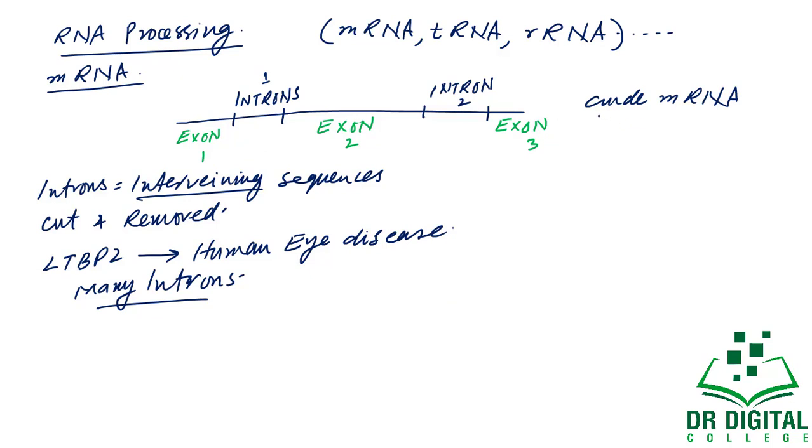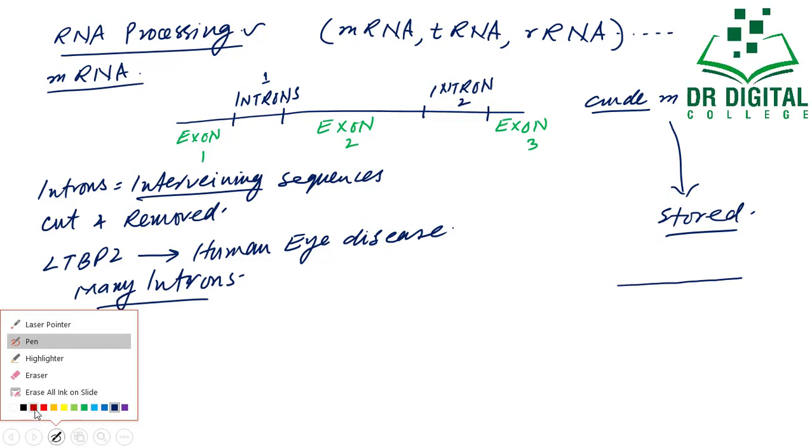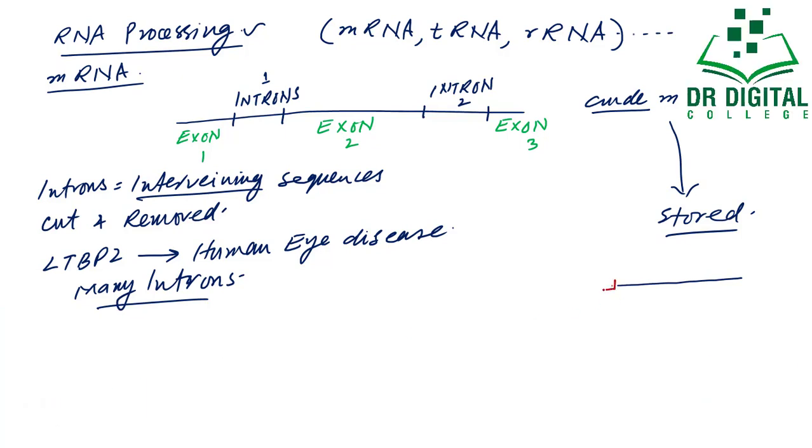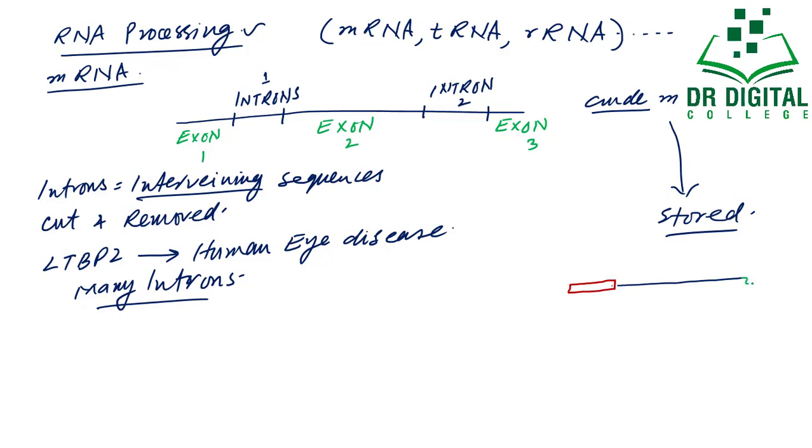Okay. Now, when RNA is synthesized and it's in crude form, it can be stored. If it is not to be used readily, then it can be stored. Before we go towards RNA processing, let me tell you what is the storage of RNA. Say for example, this is the RNA. On its two ends, some inert structures are added like this. There is one cap added over here, and one tail added over here. Now, what are these caps and tails?